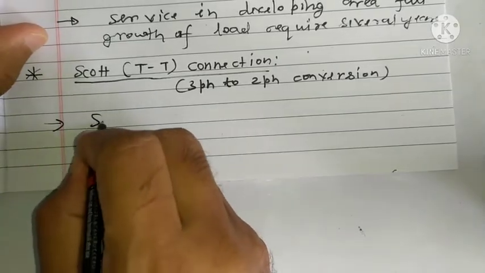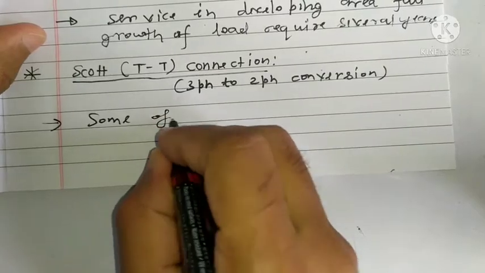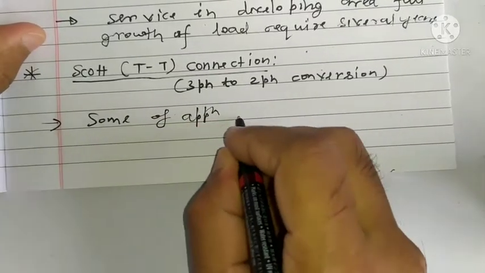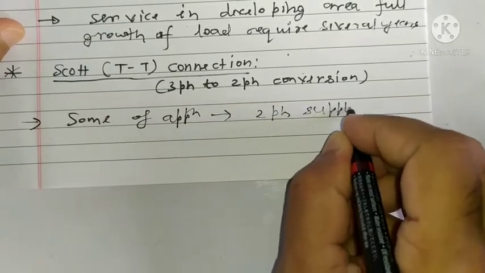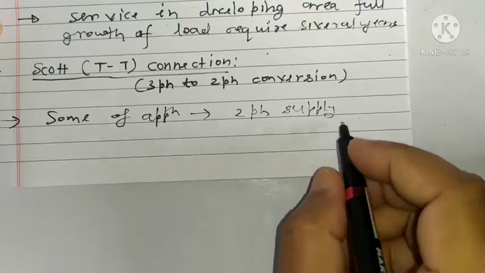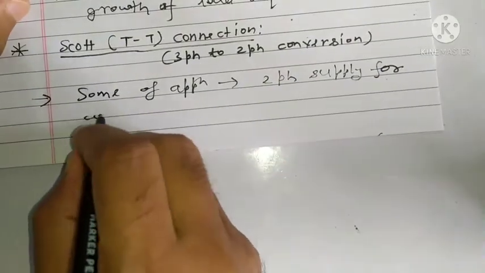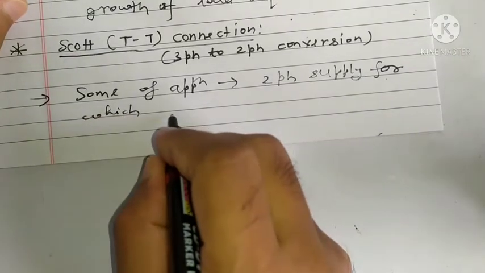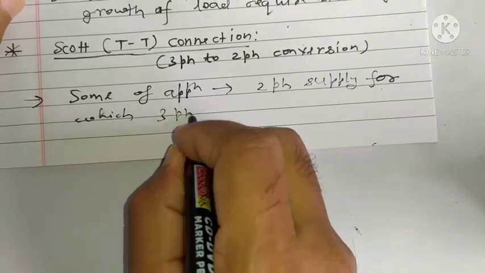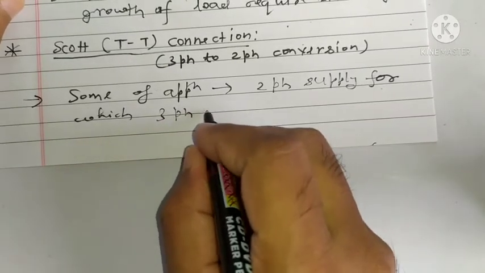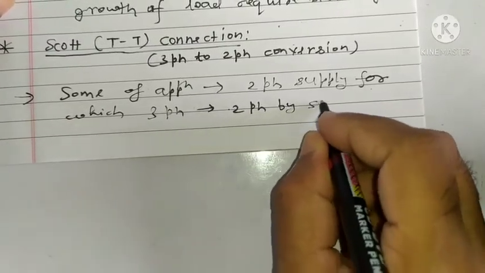So some applications require two-phase supply, for which three-phase supply is converted into two-phase supply by Scott connection.